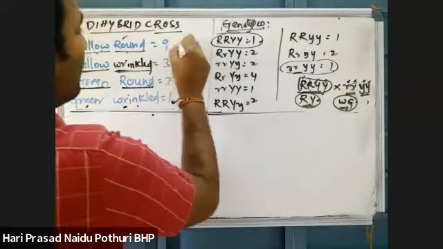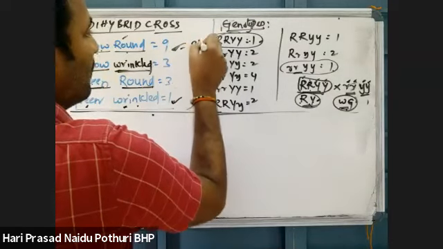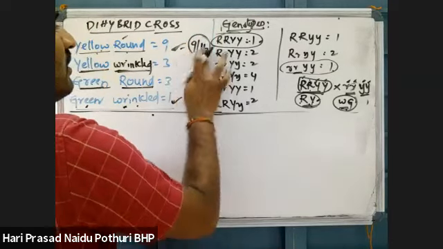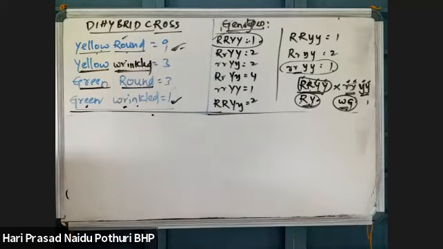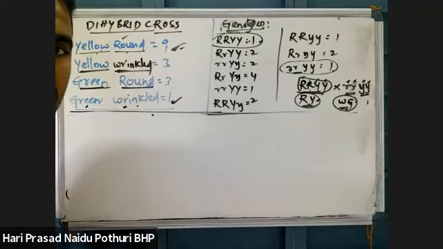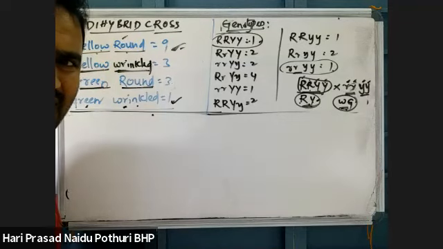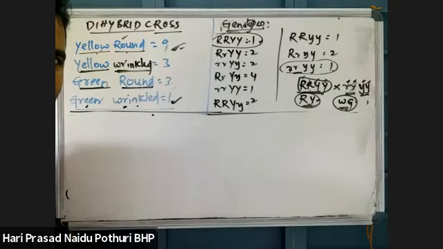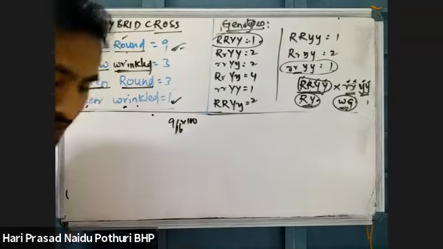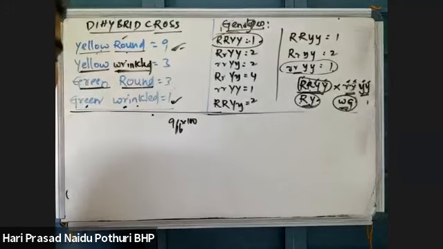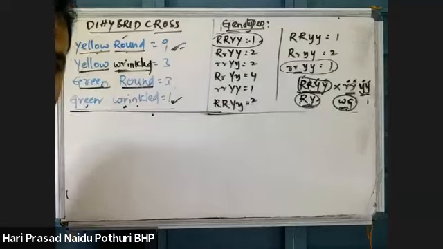Round yellow. Here round yellow is formed 9, so 9 by 16 resembles the dominant parent. Percentage means 9 by 16 into 100, not 100 by 16. So 900 by 16.